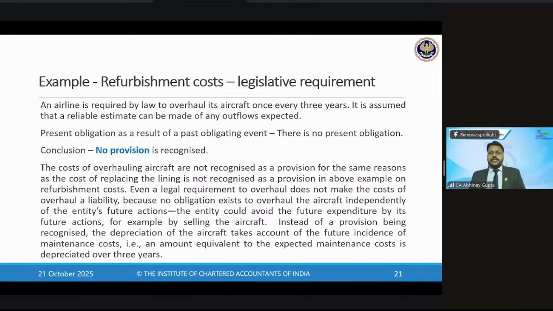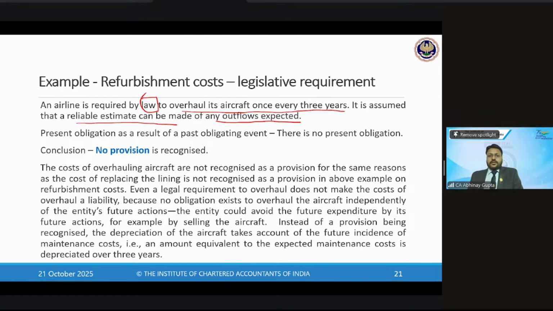An airline is required by law to overhaul its aircraft once every 3 years. It is assumed a reliable estimate can be made of any outflows expected. What do you think? What should we do in this case? Again, Ind AS 16 will come into play, right?